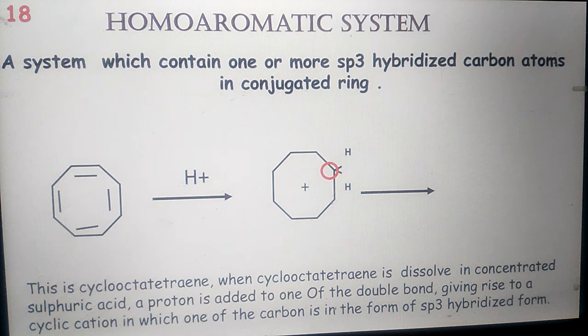How can it show aromatic character? This sp3 carbon atom goes out of plane, and it arranges itself in such a way that conjugation is possible and it shows aromatic character.